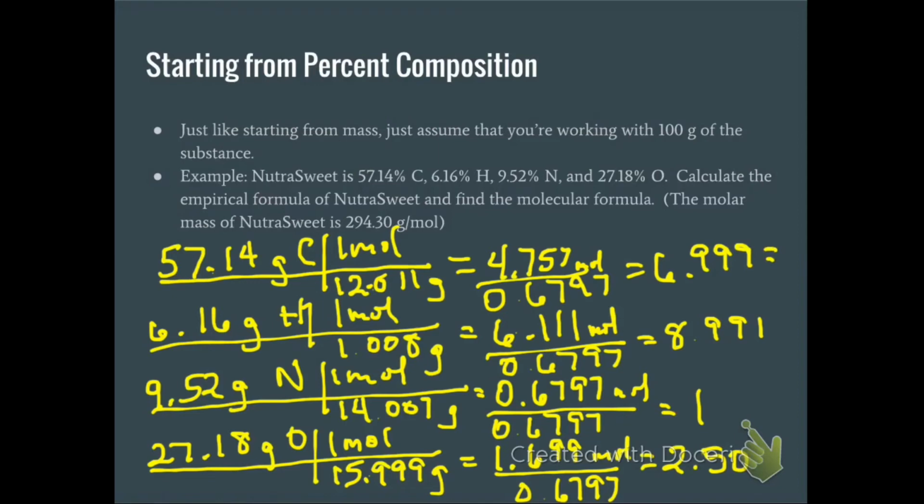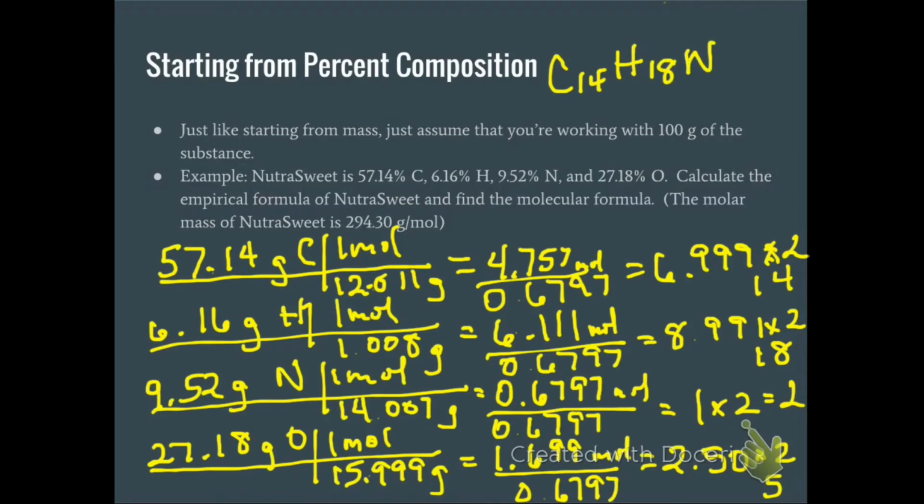So since we said this was 7 times 2, this is going to be 14, this is going to be 18, this is going to be 2, and then times 2, that's going to be 5. So our empirical formula, our lowest terms formula for this compound is going to be C14H18N2O5.